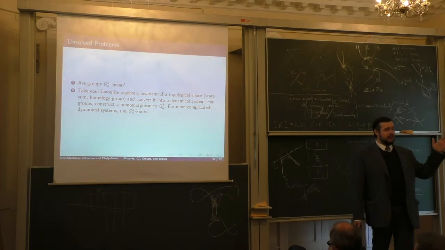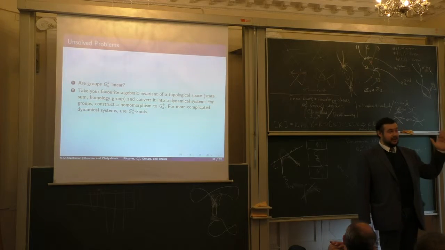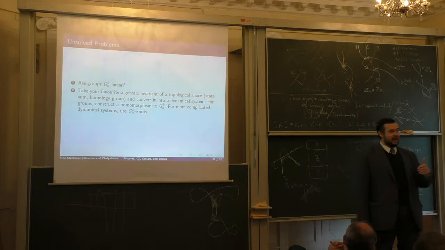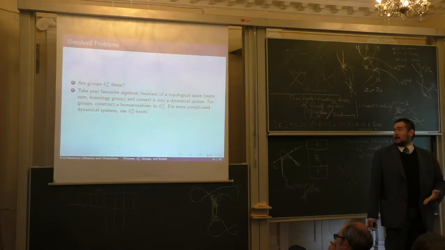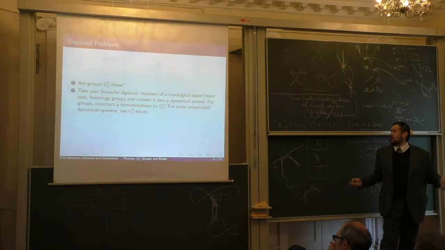So if your invariant is a group, try to put generators which first start from Z2 and then get maps to GMK. This work is now in progress with lots of collaborators on various subjects.